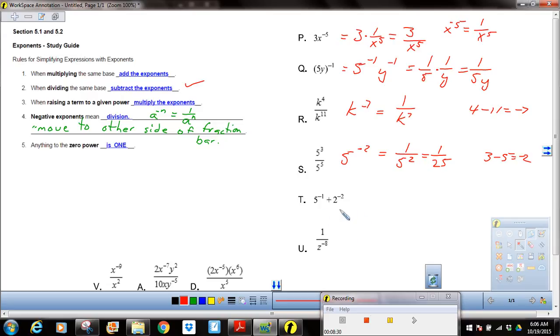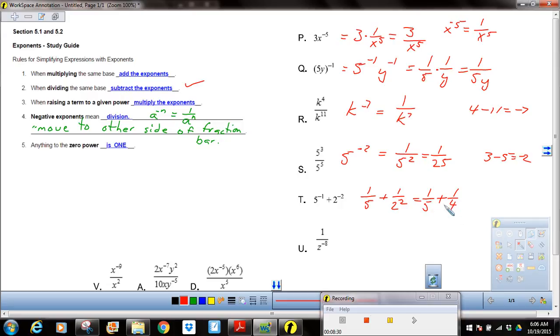Okay, t. 5 to the negative 1 would be 1 over 5. 2 to the negative 2 would be 1 over 2 to the 2nd. Because we know the value of these, I can go ahead and, 2 to the 2nd is 4.